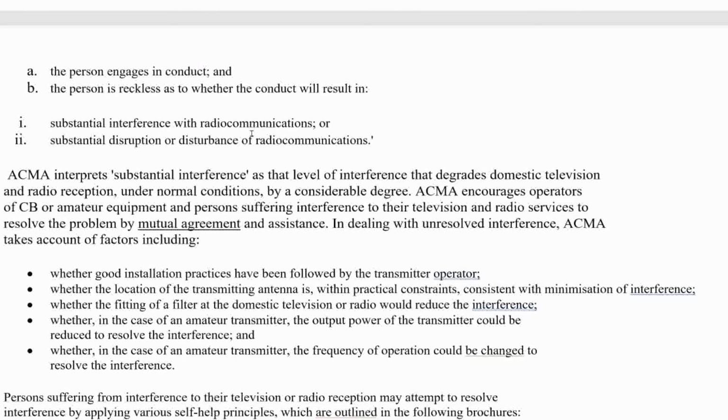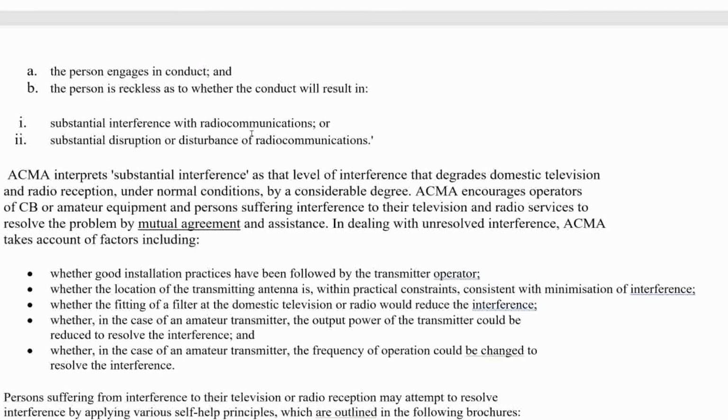Now, a TV is not a licensed radio communication service. Neither is a clock radio, neither is a sound system. They don't have a license. Amateur radio, you have a license. If you are the source of interference to another licensed non-amateur communication service, then you need to stop transmitting until it's fixed. And that's the only situation.